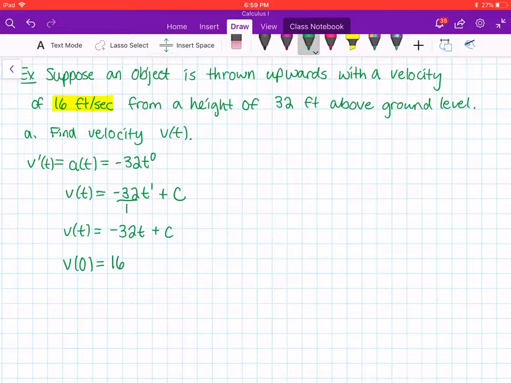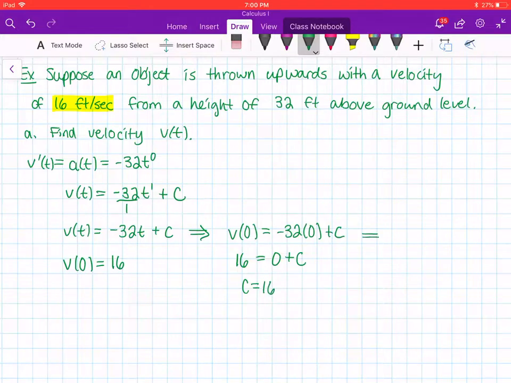If we substitute in 0, we get v of 0 equals negative 32 times 0 plus c. We know v of 0 is 16, so c equals 16. That gives us that our velocity function equals negative 32t plus 16. And there we go. Part A is saying find the velocity, and we definitely did that.